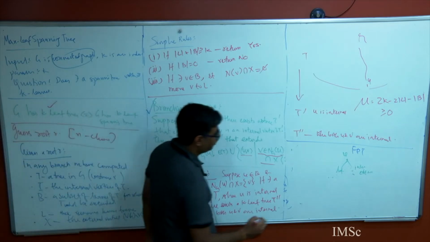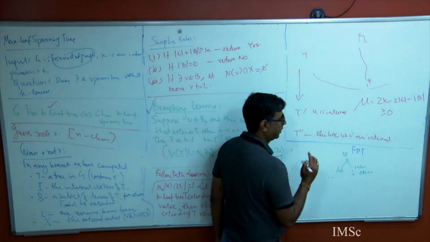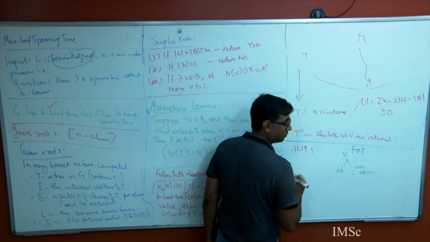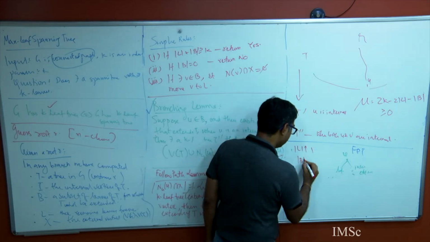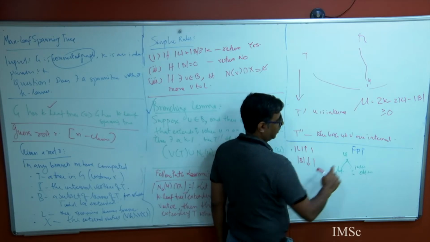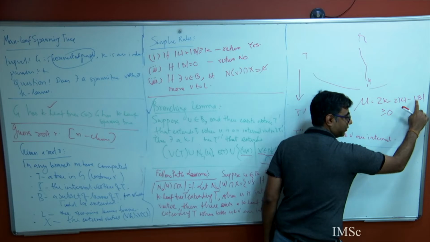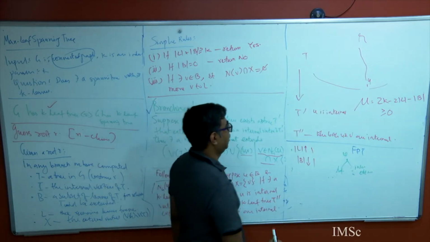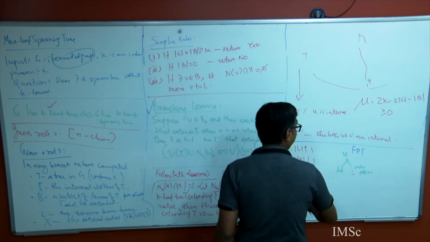So when you decided to put in a leaf, what happened? Leaf increased by 1, B decreased by 1. Okay, so let's write it down now.